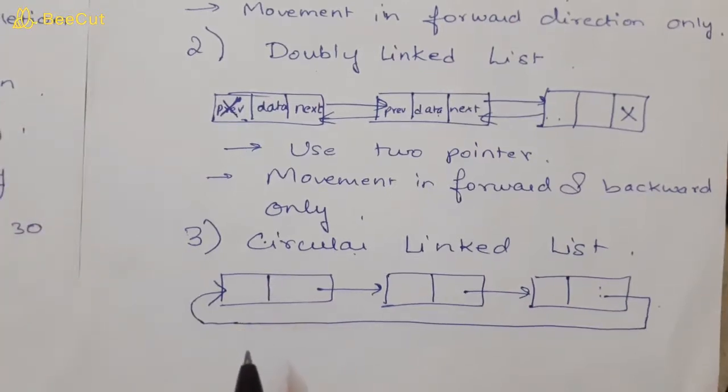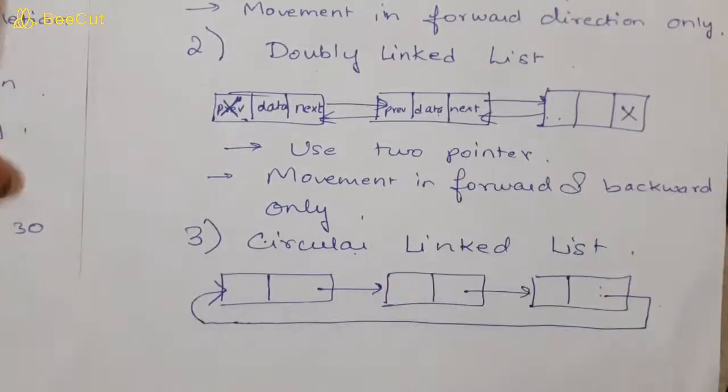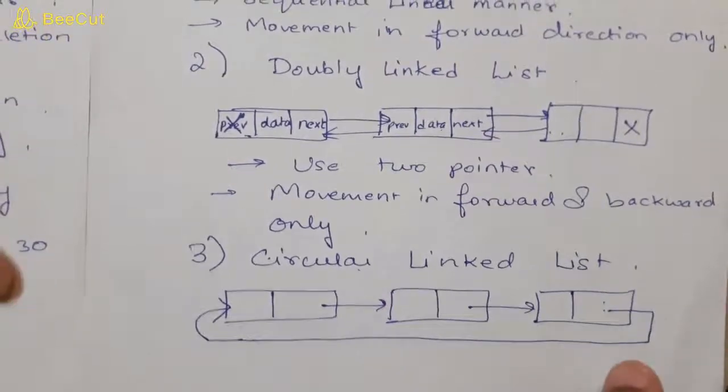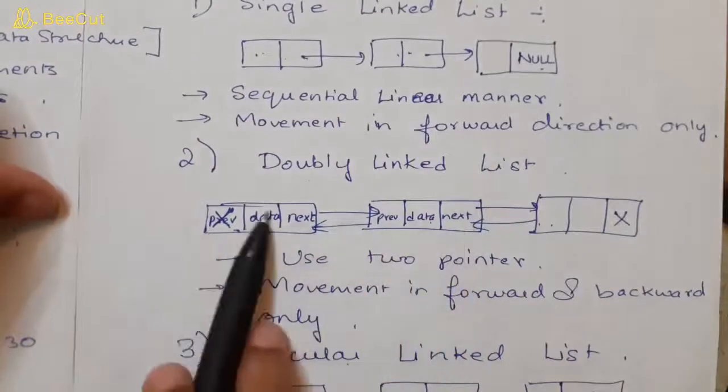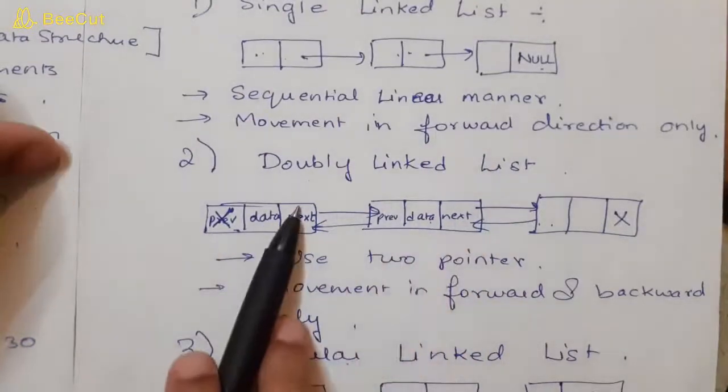So you need to remember that these are the 3 types of linked list: single, doubly and circular linked list. In the single linked list, only forward direction is possible. In a doubly linked list, both directions, forward as well as backward, are possible.